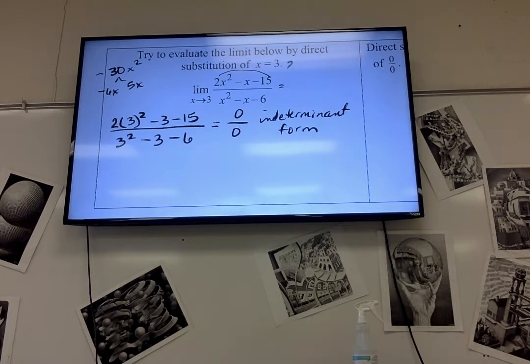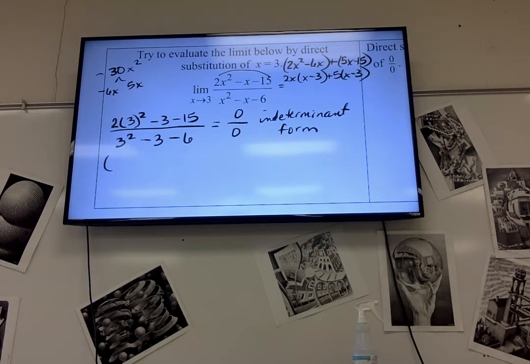So that's 2x squared minus 6x plus 5x minus 15. We'll factor out a 2x times x minus 3, and a 5 times x minus 3.